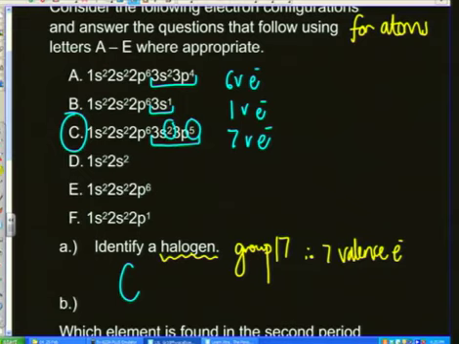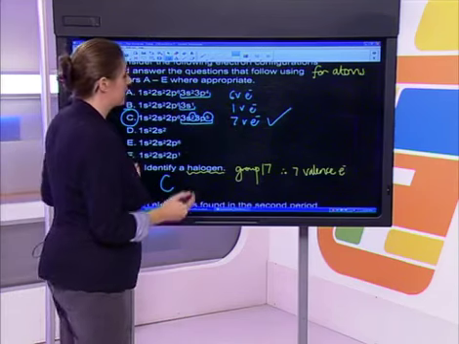Have a look at the rest of them. Only 2, 6, 1. So no, none of the others fit. But I want you to pick up here that we were counting the whole of the last energy level, which means everything in the third energy level for the first one.